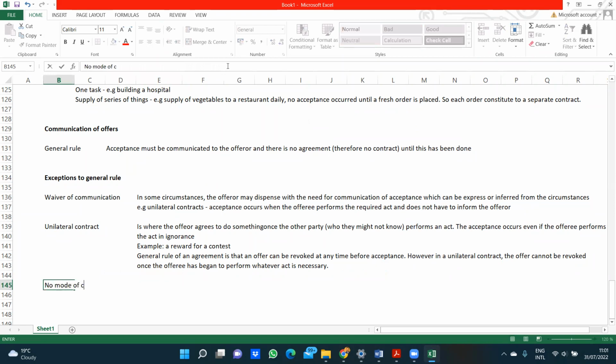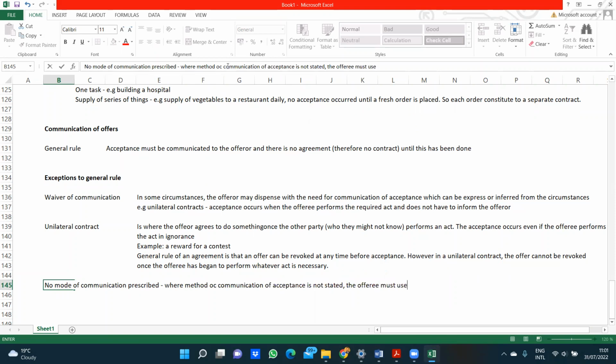No mode of communication prescribed. Where the method of communication of acceptance is not stated, the offeree must use a valid way to communicate acceptance, but must ensure to use precise words when communicating their acceptance.